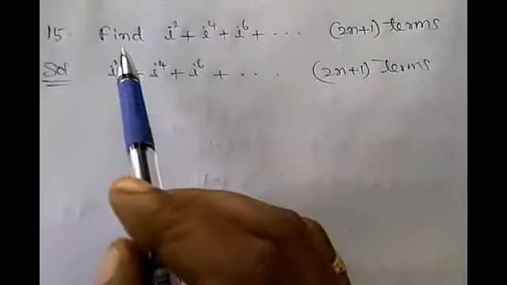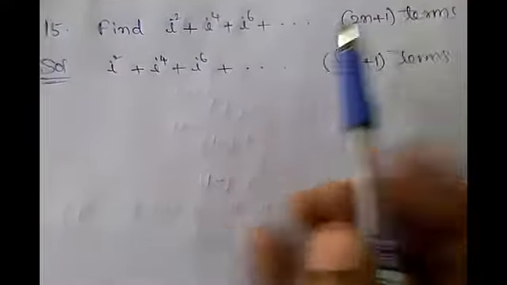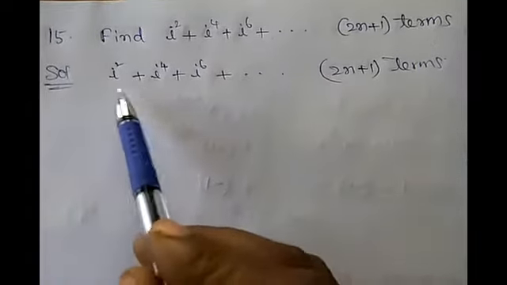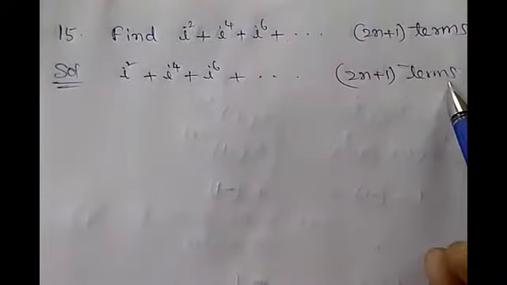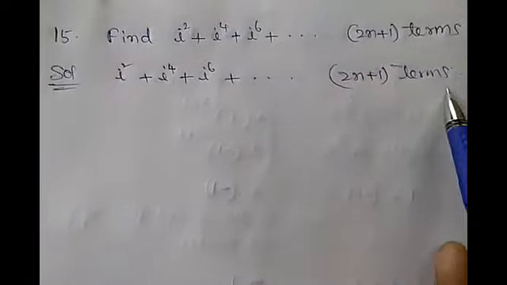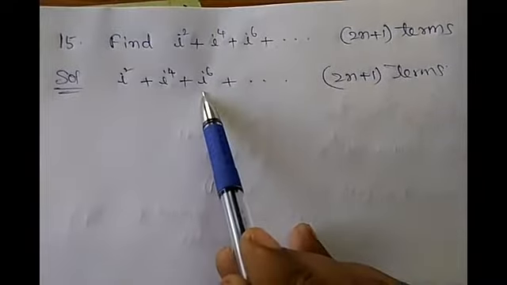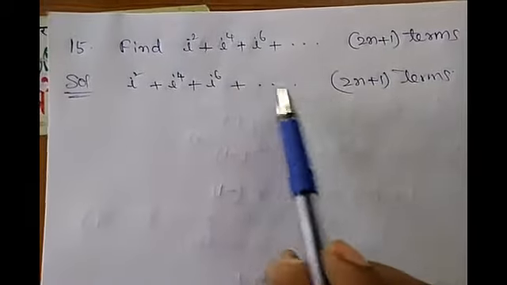The next problem is find i square plus i power 4 plus i power 6 plus so on, 2n plus 1 terms. That means this expression has 2n plus 1 terms. The first term is i square, second term is i power 4, third term is i power 6, and so on.